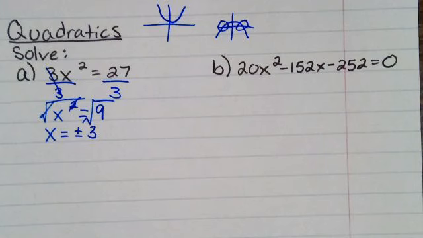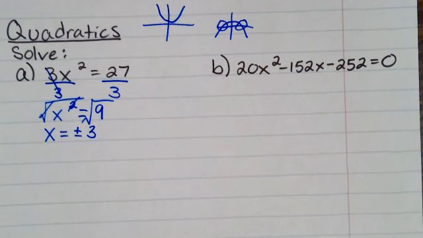Now, if you'll notice, the numbers on this are rather gross, and that's okay. I messed around with this one for a little bit first to make sure, but this one is a factorable problem.